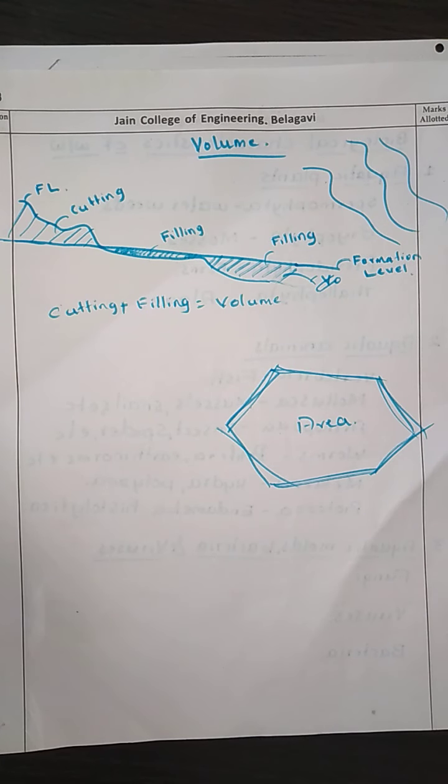So in order to construct buildings on a horizontal surface, we want the surface to have zero slope or a very small amount of slope. Might be a road or a building, we cannot construct it on a too undulated surface. So here we are going to calculate the volume.